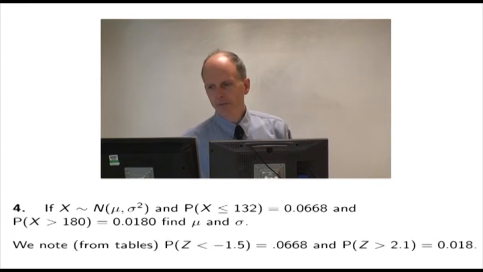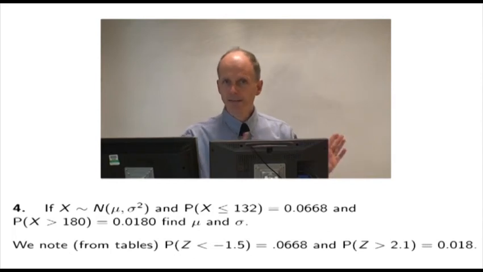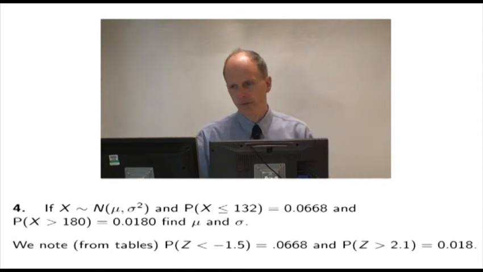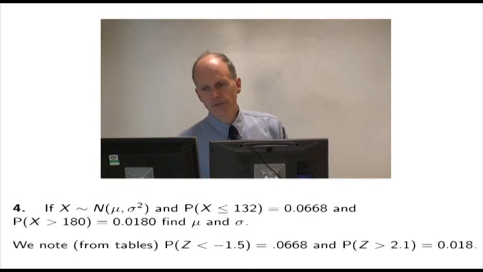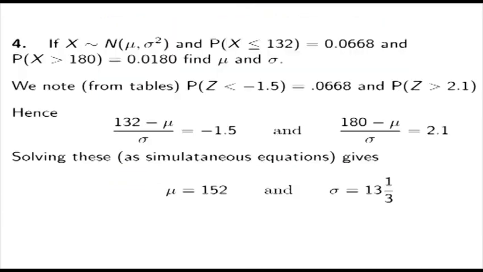So these are the two bits you have to find from the tables, and now we're going to use the transformation which takes any normal random variable to the standard normal to go from these general situations here.